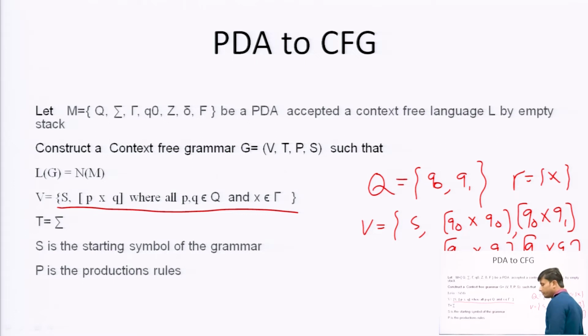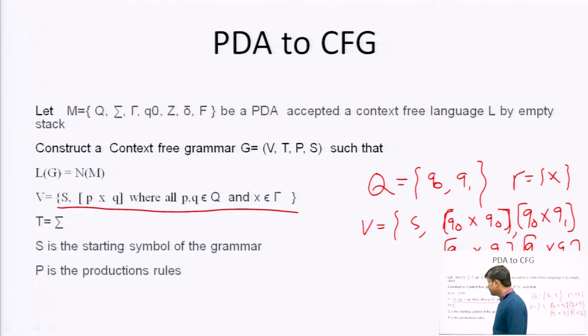Like that, variables are created for all combinations of states. Whatever we have written in square brackets, these are the variables of the context free grammar.